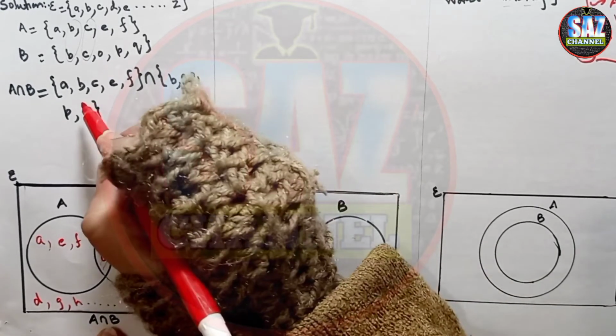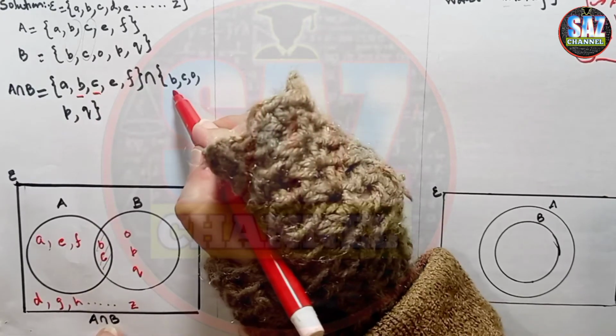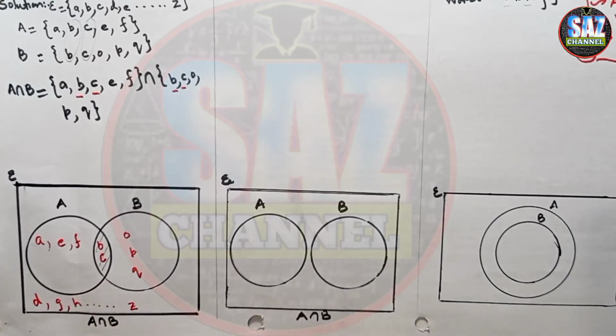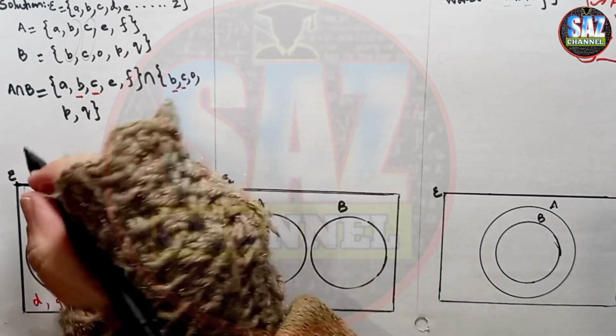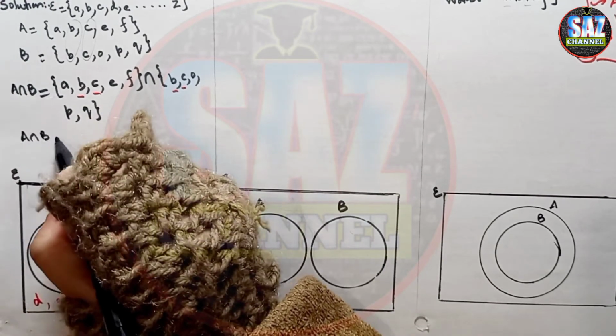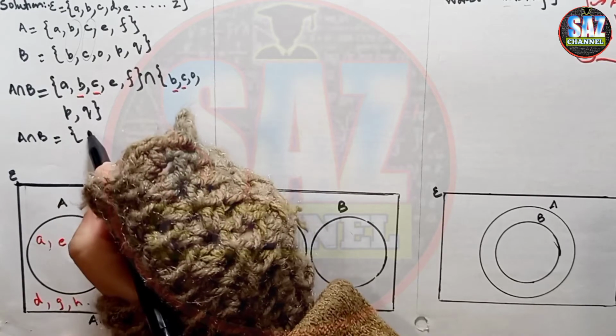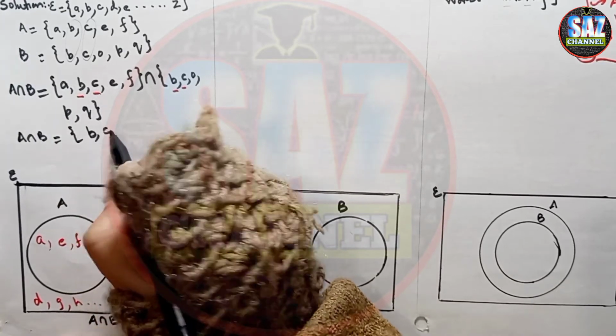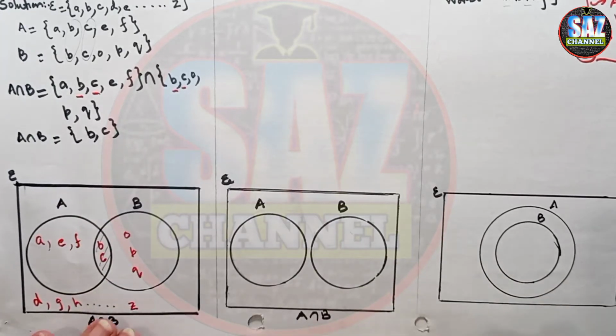The common elements are B and C. So A intersection B will be equal to B and C, and we can show that from the diagram as well.